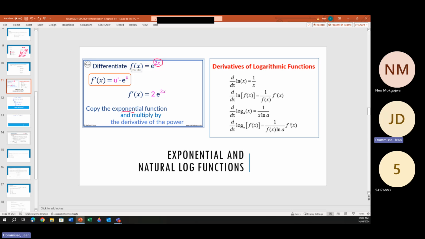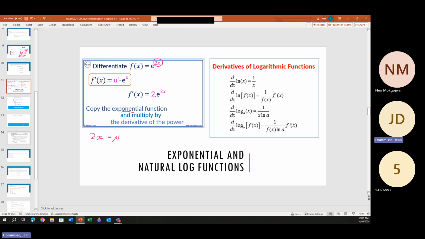So we say that 2x is equal to u, or we can say a or b or whatever. And then what we need to do is differentiate that.